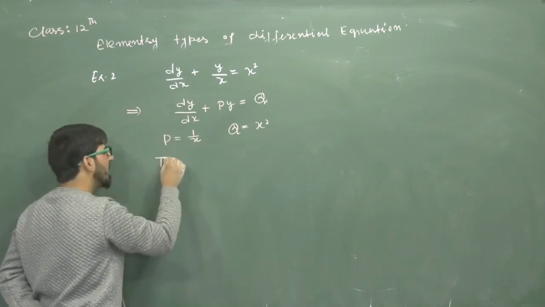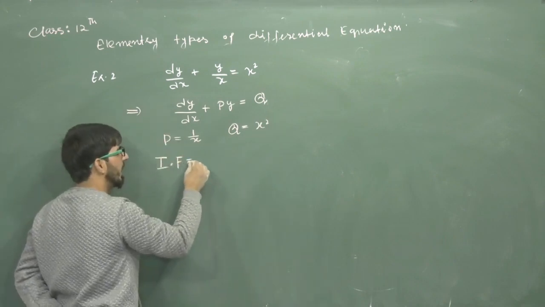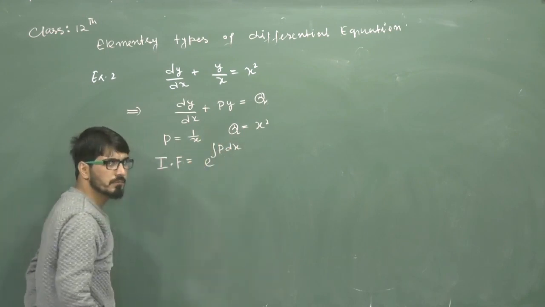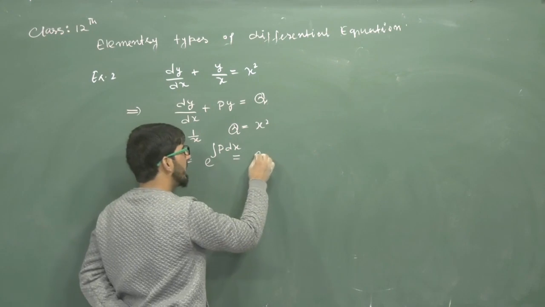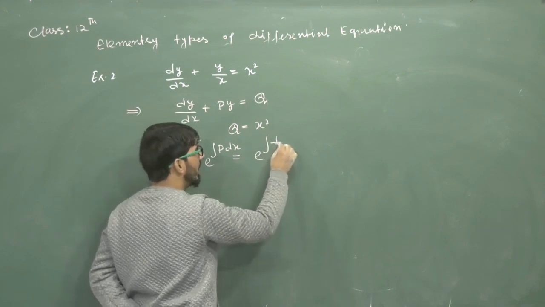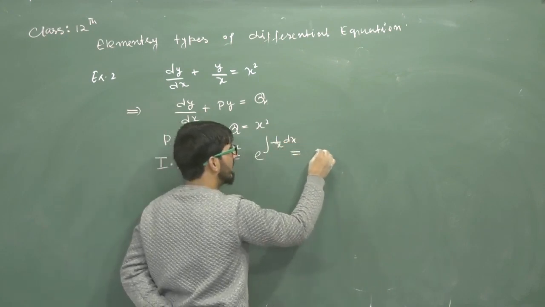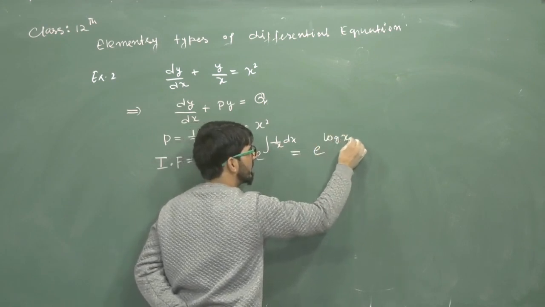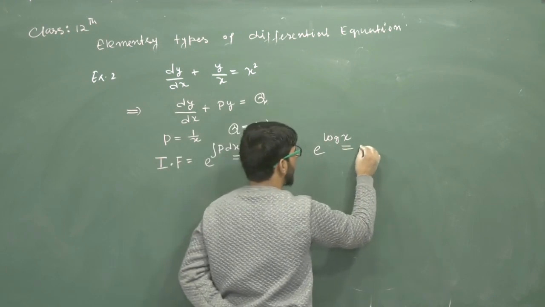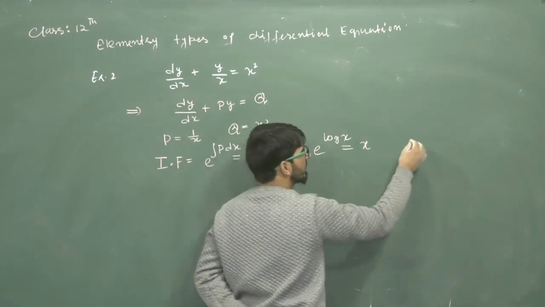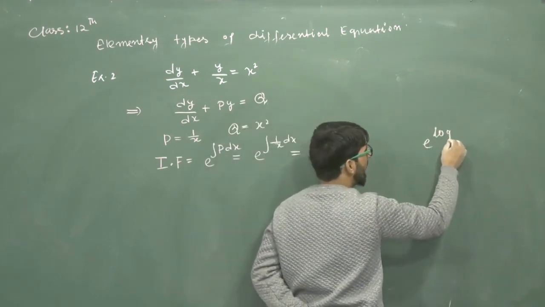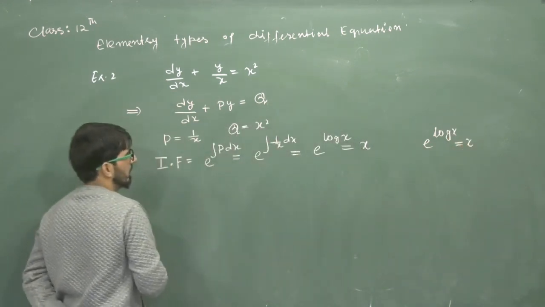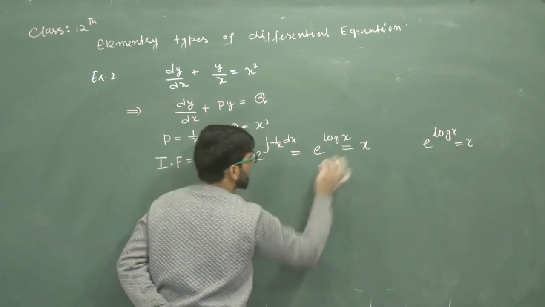What will be the integrating factor? Integrating factor will be e raised power integral of p dx. That is e raised to power integral of 1 upon x dx. That is e raised to power log x, which is the same as x, because e raised to power log x is equal to x. So this is the integrating factor.